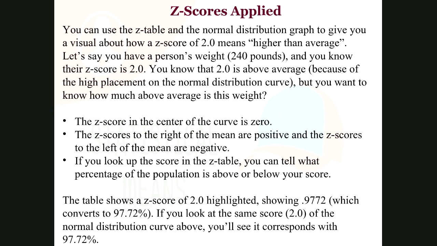What do you have to do here? Everybody asleep? Subtract 97.72 from 100. What do you get? Or 1 minus 0.9772. Okay, 2.28. So what does that mean?